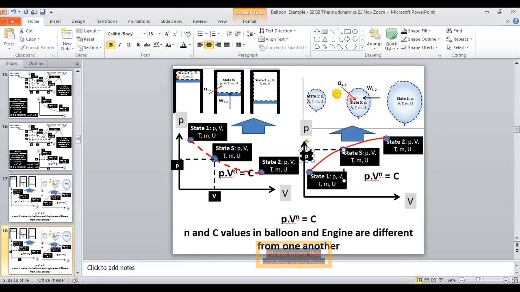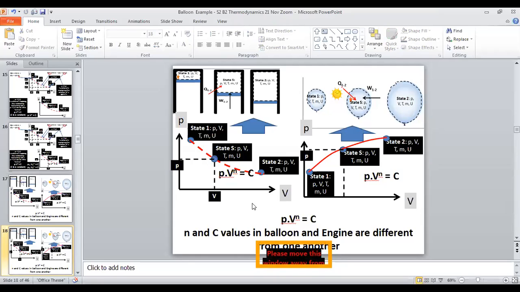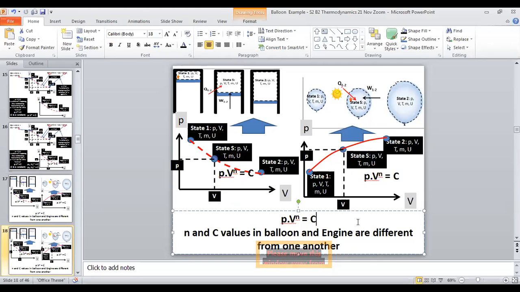Your P value and your V value. P and V values are like this. Remove this to see it very well.